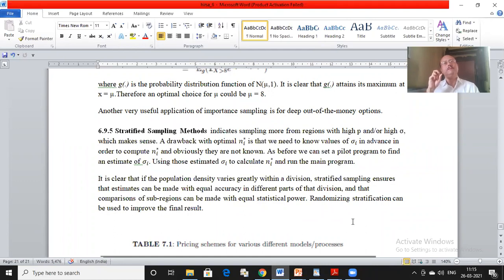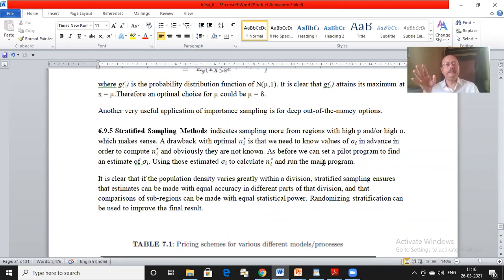So I can now select my weightage for each of the stratum so that I am sure of getting a better representation for all the varieties in the population. That is how the stratified sampling method usually works, and that's how we learned it in the sampling techniques courses in our undergraduate days. So typically it would indicate that I sample more from regions with high probability and/or high volatility. That's the usual situation where stratified sampling methods are used.